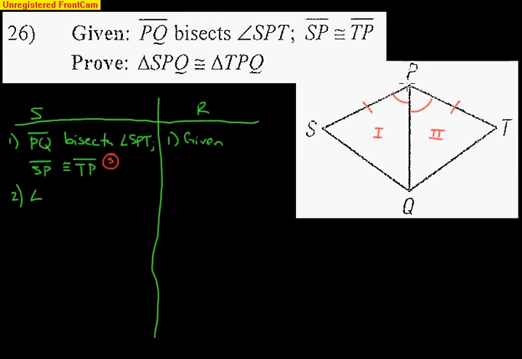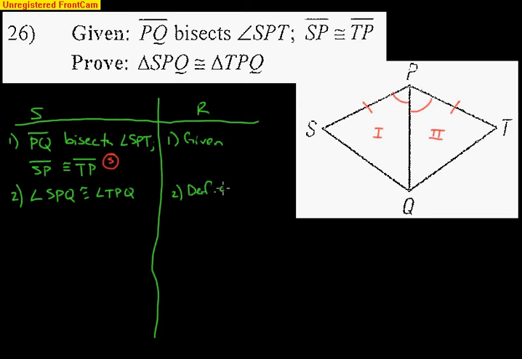So that would be angle SPQ, that is congruent to angle TPQ. And that's because it's an angle bisector.